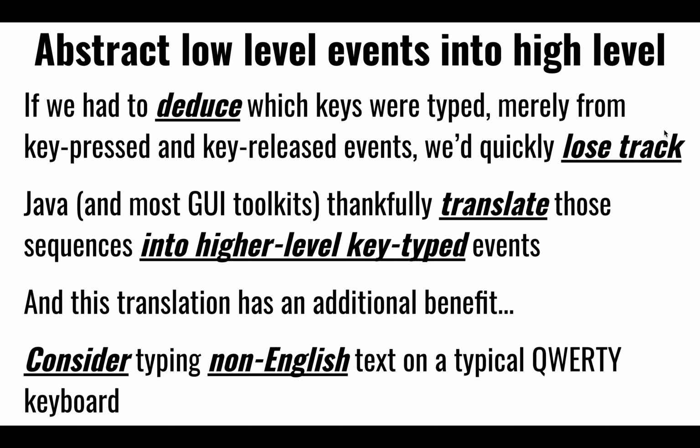Thankfully, we don't have to, right? All these libraries, the Swing library and many other graphical libraries that deal with human user interaction, create these nice levels of abstraction, just like a language creates all these nice abstractions such as characters, strings, integers, and floats, right? Because we don't want to deal with the zeros and ones. So it creates this nice level of abstraction from where we can build. Same thing here. All these events, do you care about each single up and down? Maybe you don't. Maybe you just care about the character A, yes? It would be tremendously tedious to have to deal with all this noise happening underneath.